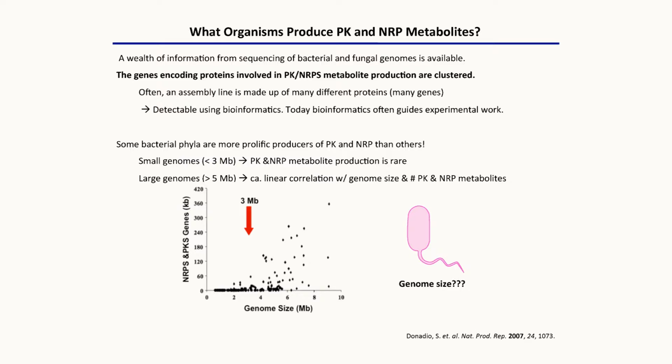Enterobactin, which we'll look at for a case study, is made by E. coli. But they don't make as many. Effectively, organisms with larger genomes produce more. Here's a correlation between the number of genes and the genome size of the organism, where around 3 MB there's a switch.